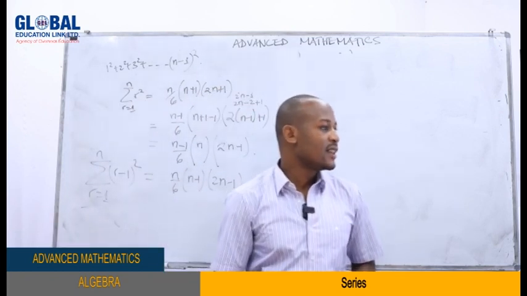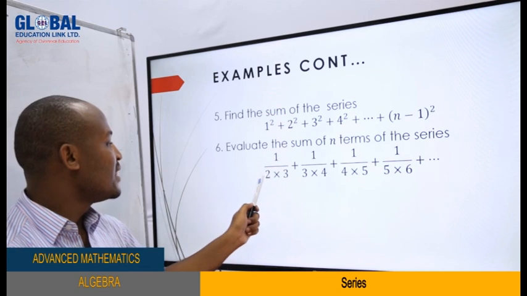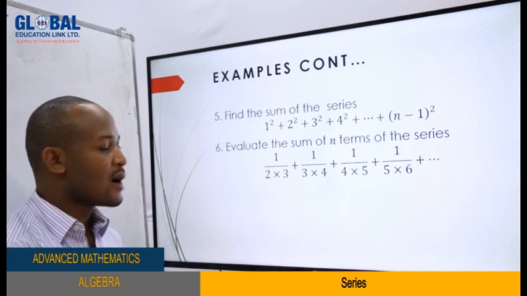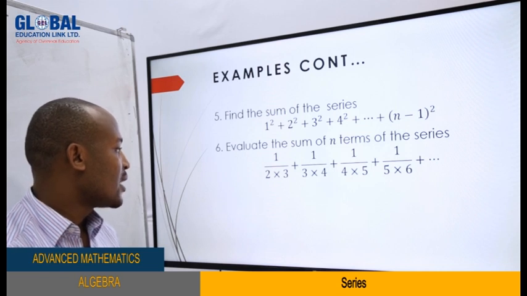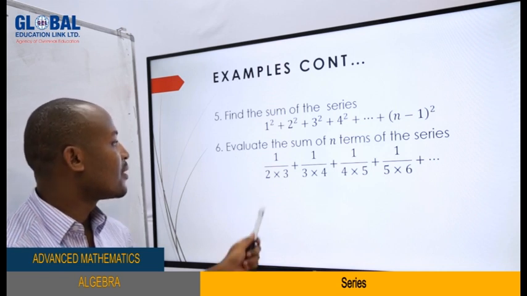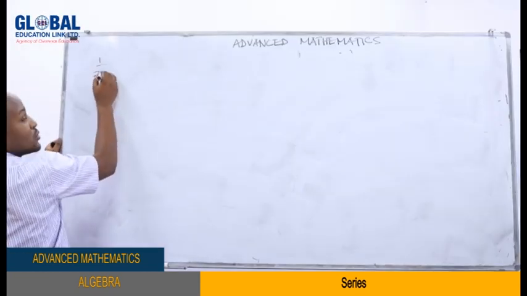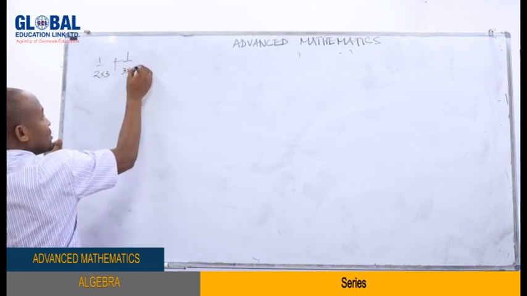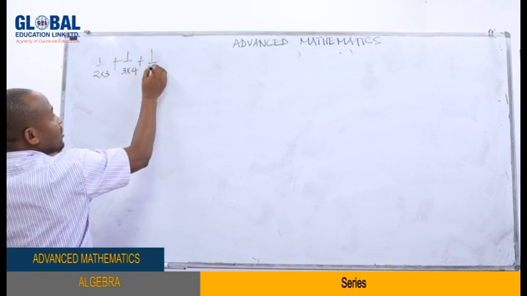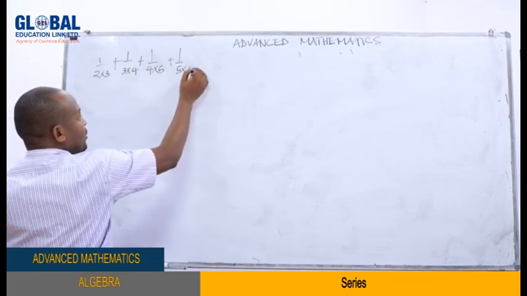Okay, I will just explain this example. Now, we've been given the terms in fraction form. How are we going to find the sum of that series? It's fairly simple. We have 1 over 2 times 3, plus 1 over 3 times 4, plus 1 over 4 times 5, plus 1 over 5 times 6.